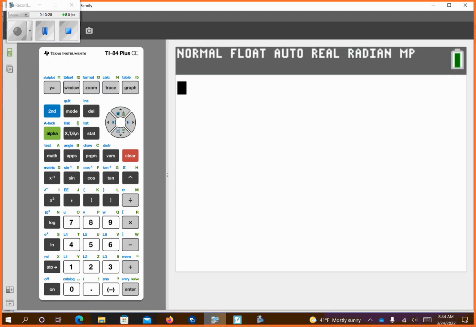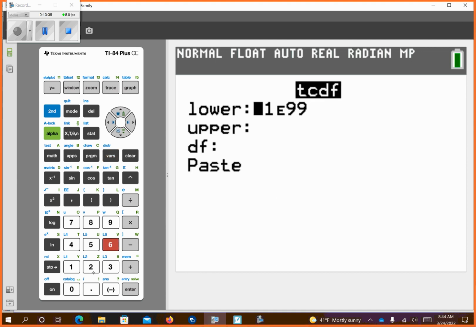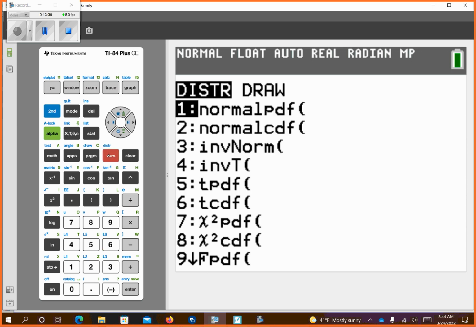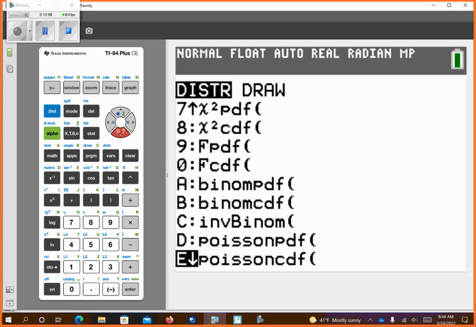Let's find TCDF. So it should be under second distribution. TCDF looks like number 6 on mine. Oh, did I go the wrong one? Second distribution. That was Poisson CDF.